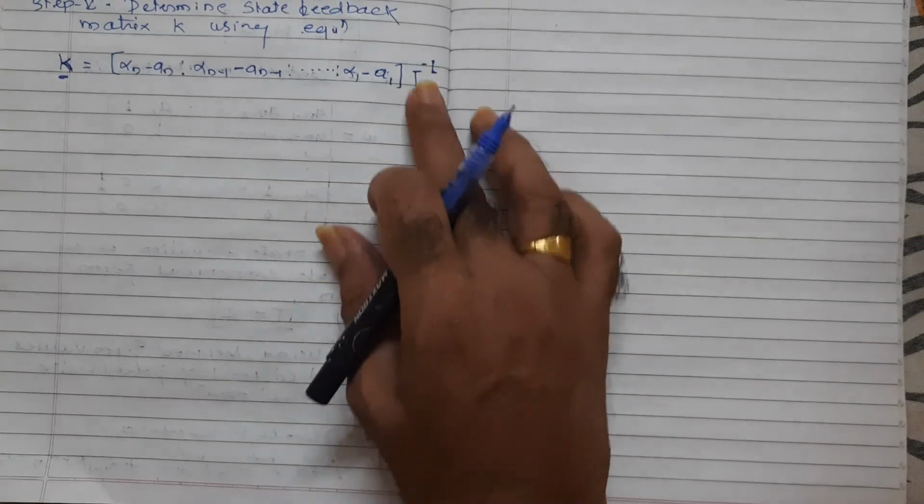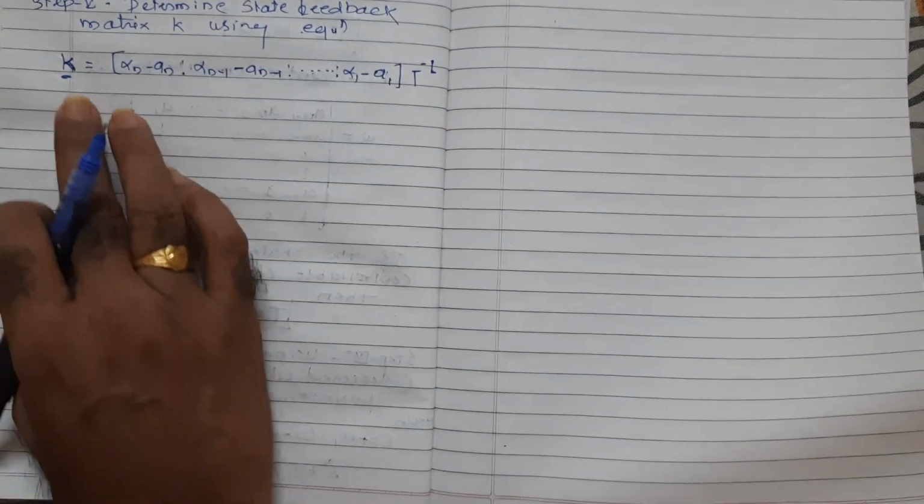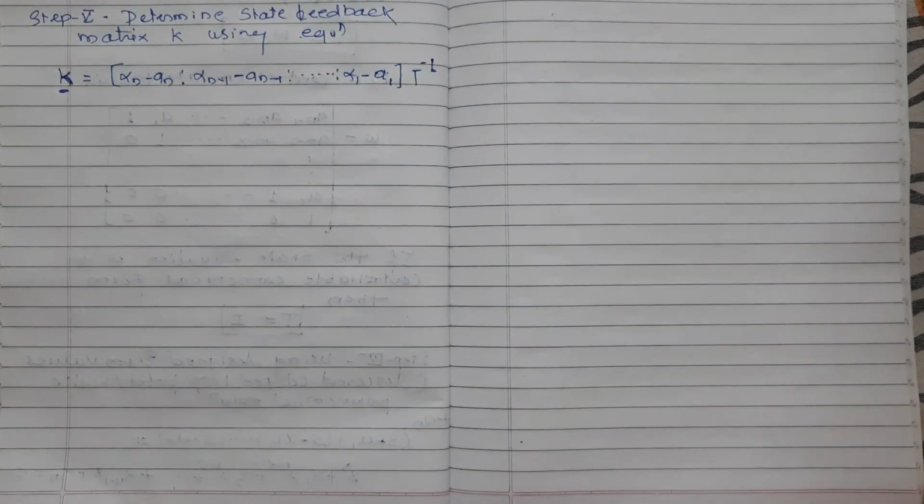So this way we can find the K matrix. This is our first method.